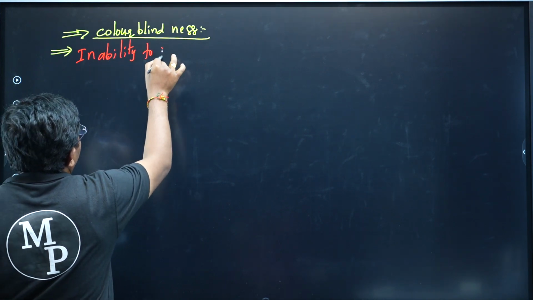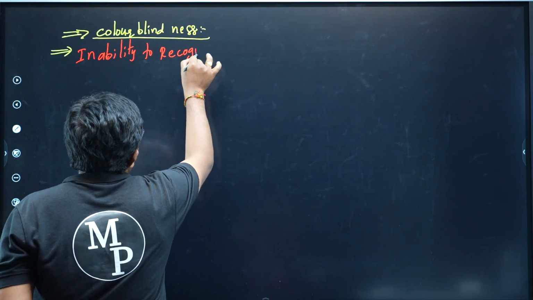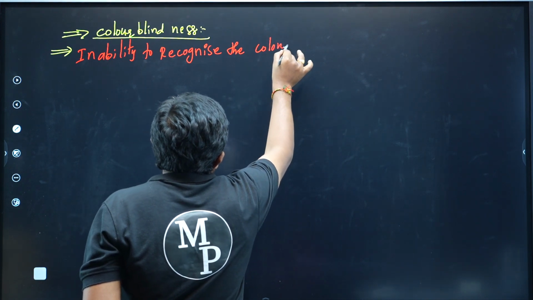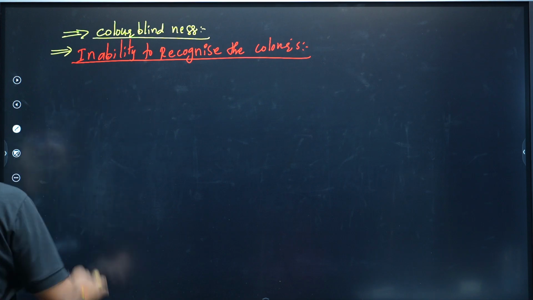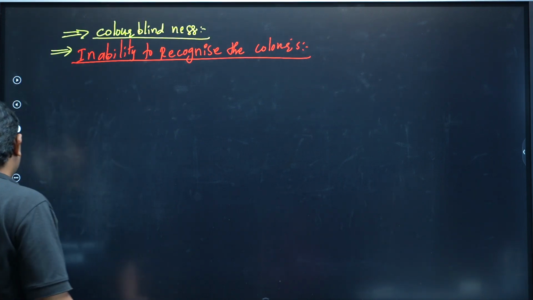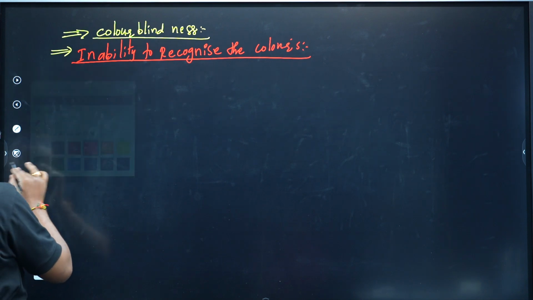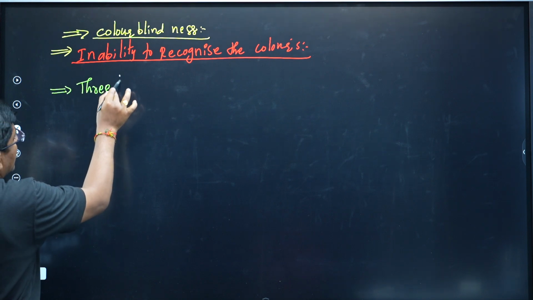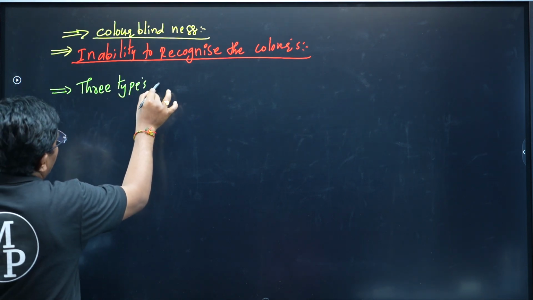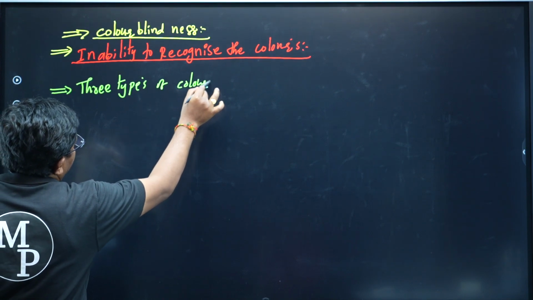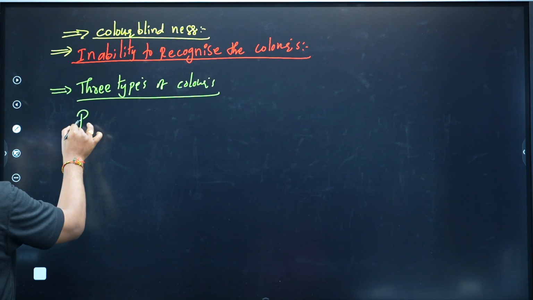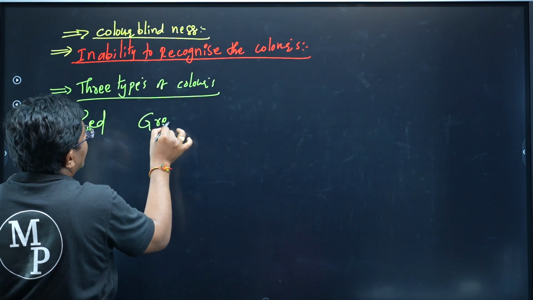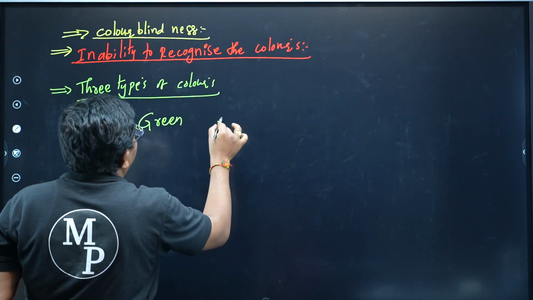Mainly three types of colors that person is not able to recognize: red, green and blue.